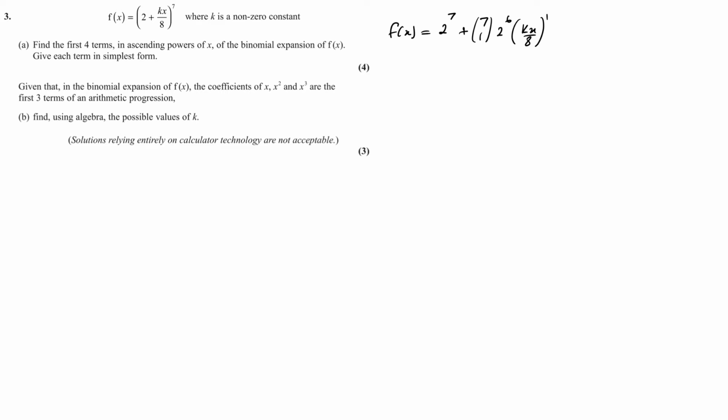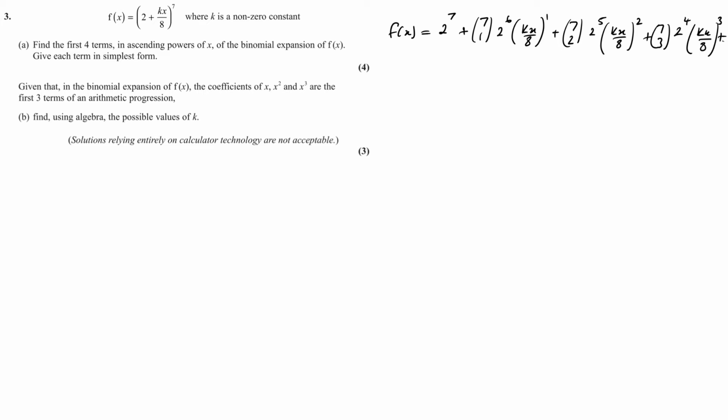Obviously don't need to put in the power 1, but I'll just pop it in there. So that's the second term. Then we've got 7C2, 2 to the power 5, kx over 8 squared. So here now we've got 1, 2, 3 terms, one more, 7C3, that's 2 to the power 4, kx over 8 cubed.